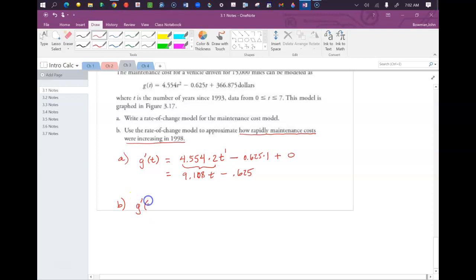So g prime 1998 would be 5 years after 1993, so g prime of 5, and if you plug that in, you're going to have 9.108 times 5 minus 0.625, and if you verify, that turns out to be approximately $44.91 per year. And that's it for the first lesson on derivative rules.